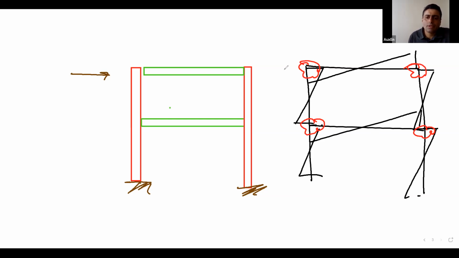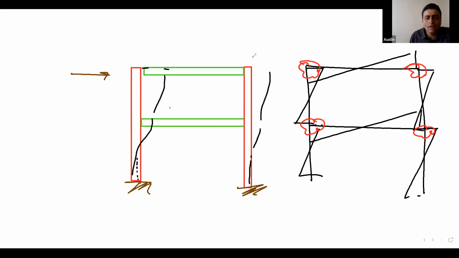So we assume that these are rigidly connected members, and because of their rigid connections, they undergo a small amount of lateral sway also. I hope we agree. They will undergo a small amount of lateral sway.